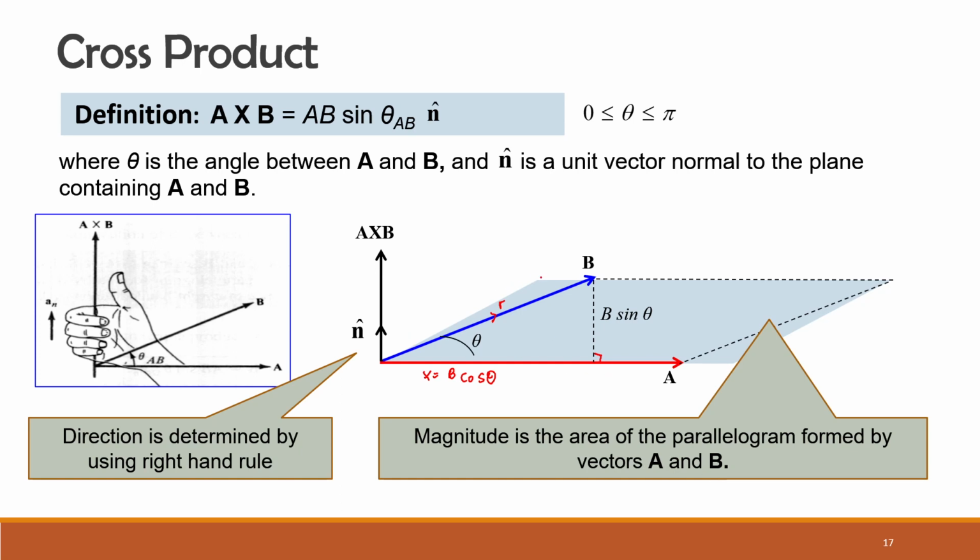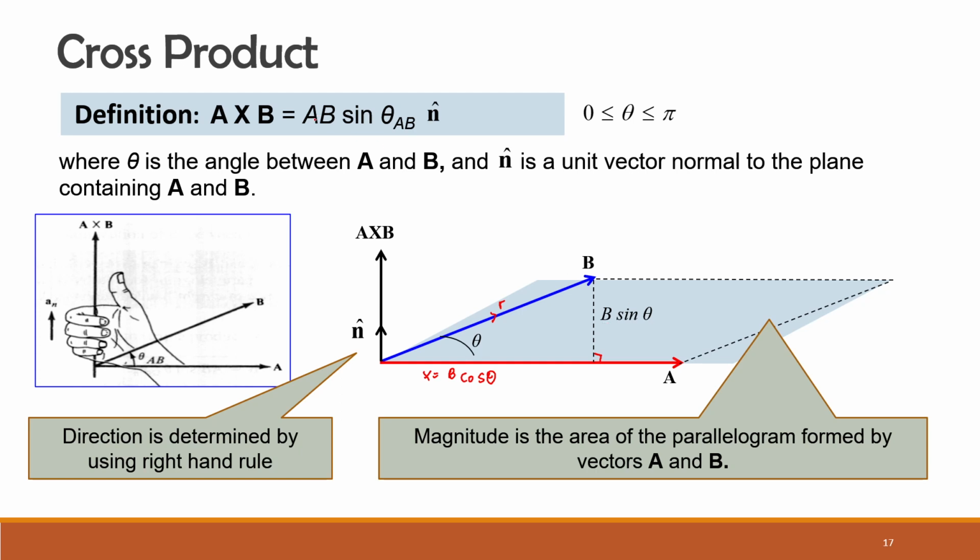The area of the parallelogram is the red vector A, multiplied by the vertical distance, which is B sin theta.